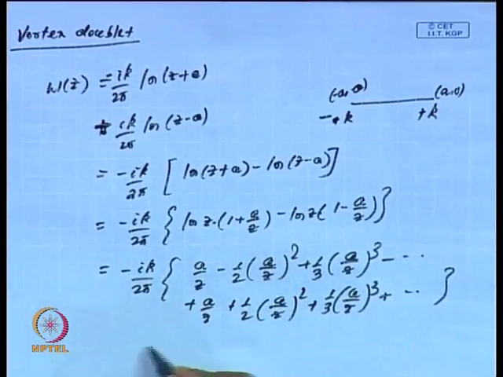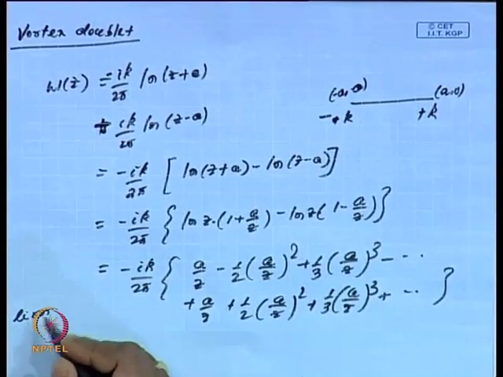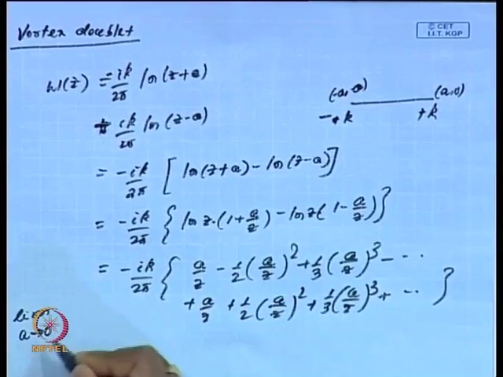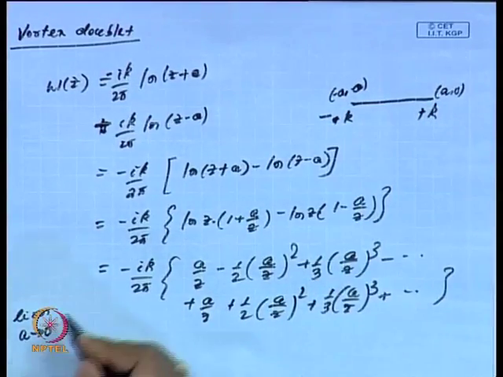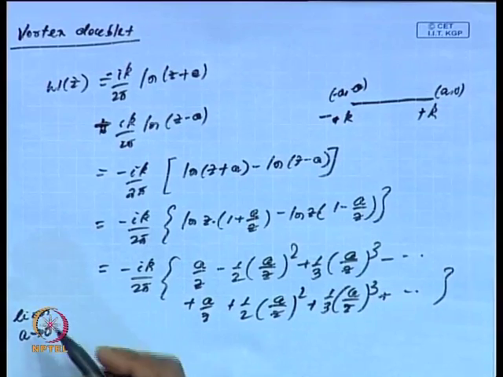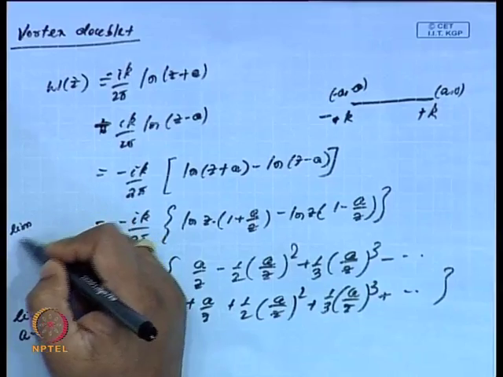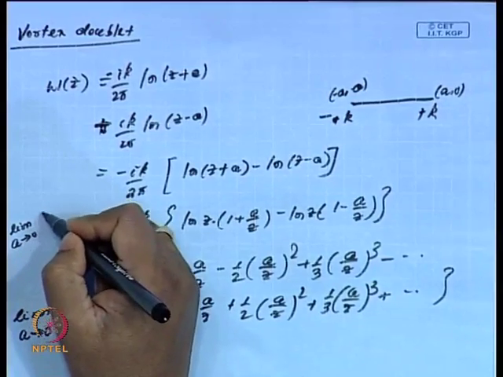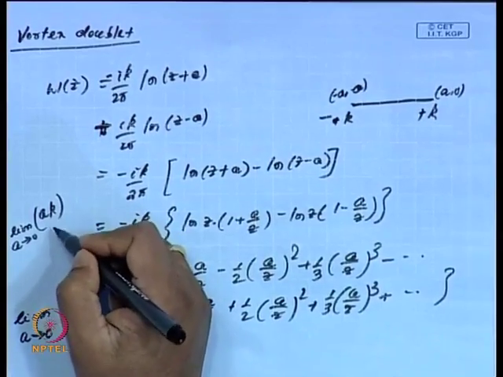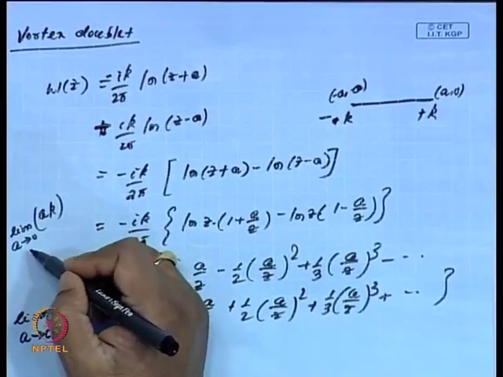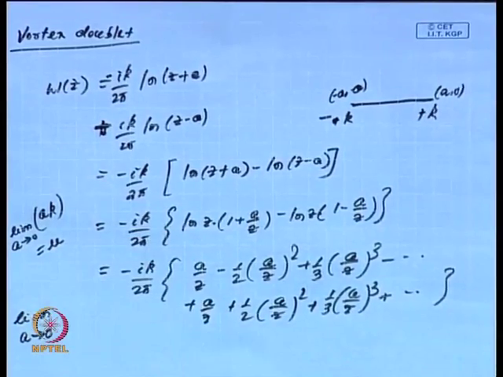Some of the terms will get cancelled, and if I put the limit a tends to 0, the distance becomes very close and k tends to large. k is such that the limit a tends to 0 of a k gives a finite value, since k is large.